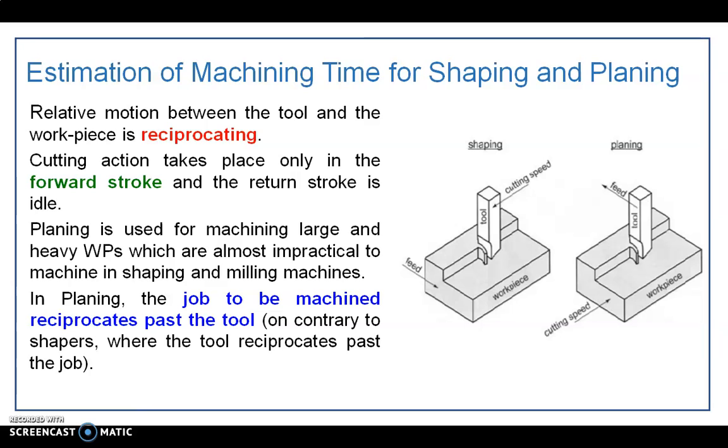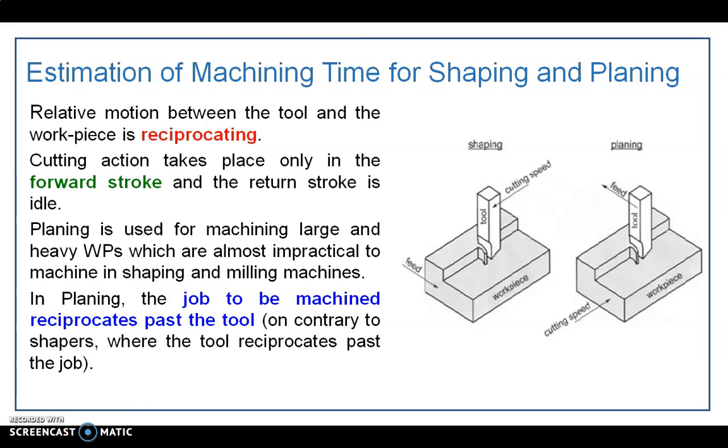Here in shaping and planing, the tool or the workpiece reciprocates with each other. That means the relative motion between the tool and the workpiece is reciprocation, or reciprocating motion.